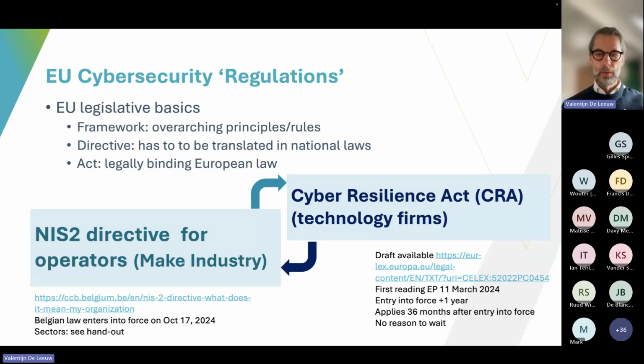And the two work together. So the users use safe products, and if they find a vulnerability, they publish it, and the technology firms need to look into those published vulnerabilities, repair them, provide patches that the maker industry then should install. So those are two tightly related regulations.